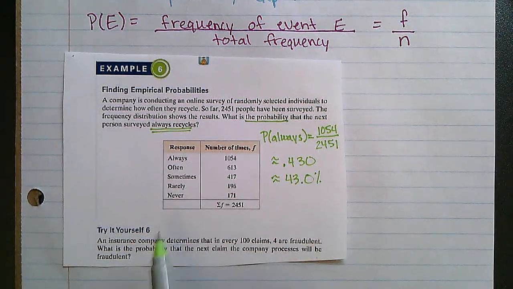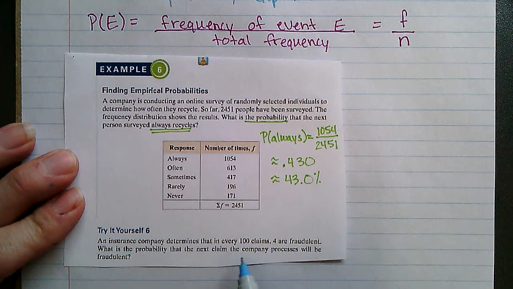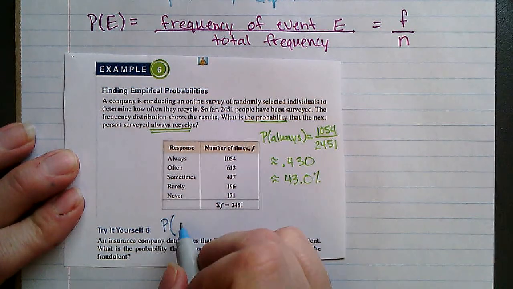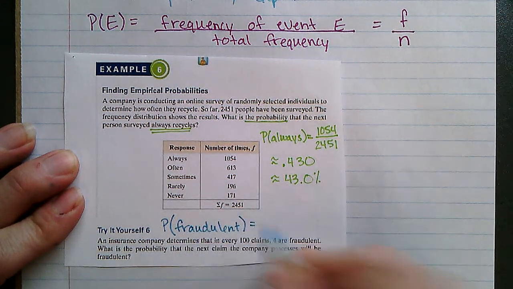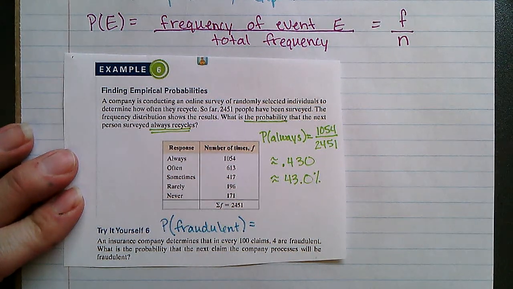So let's do this. Try it yourself. An insurance company determines that in every 100 claims, 4 are fraudulent. What is the probability that the next claim the company processes will be fraudulent? So the probability that it is fraudulent will be the frequency of a fraudulent claim divided by the total frequency.